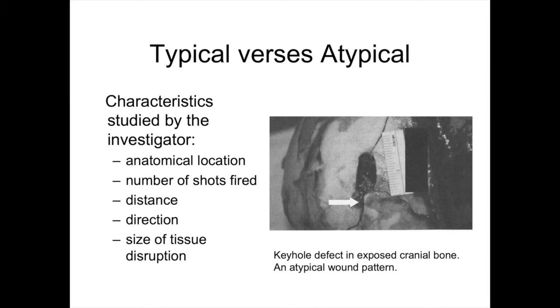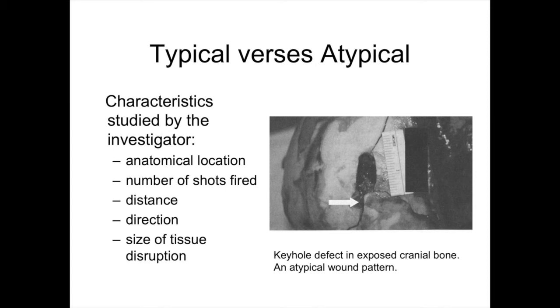The bone literally punches out an entrance in the bone structure itself. So again, the direction becomes another important characteristic, and we focus on looking at entrance and exit wounds.